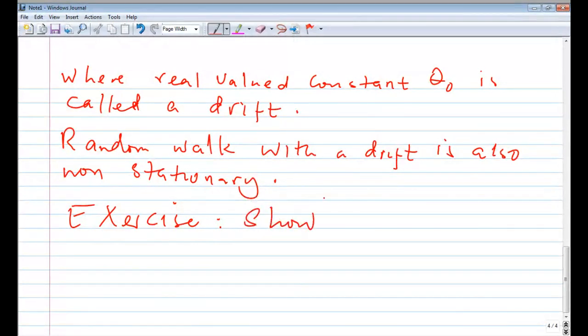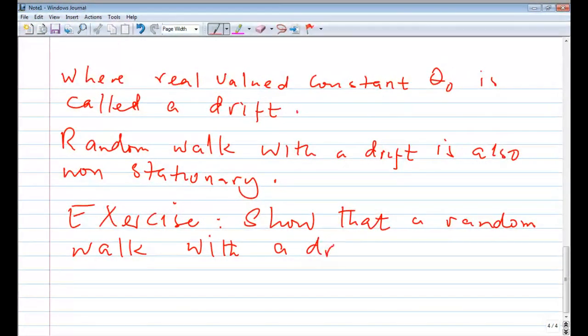Show that a random walk with a drift is not stationary.